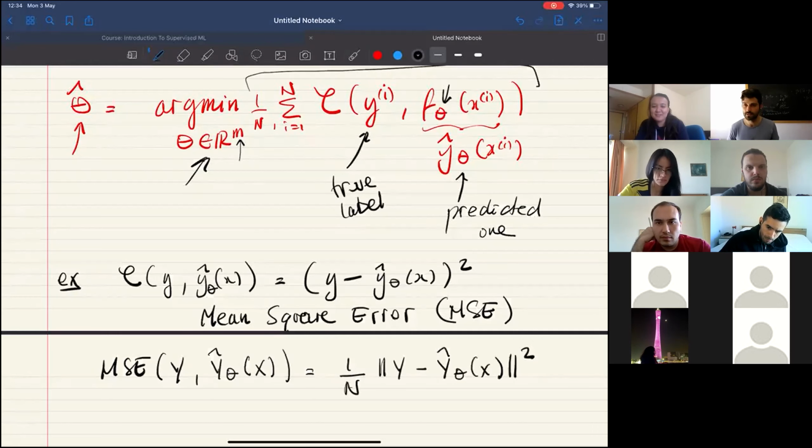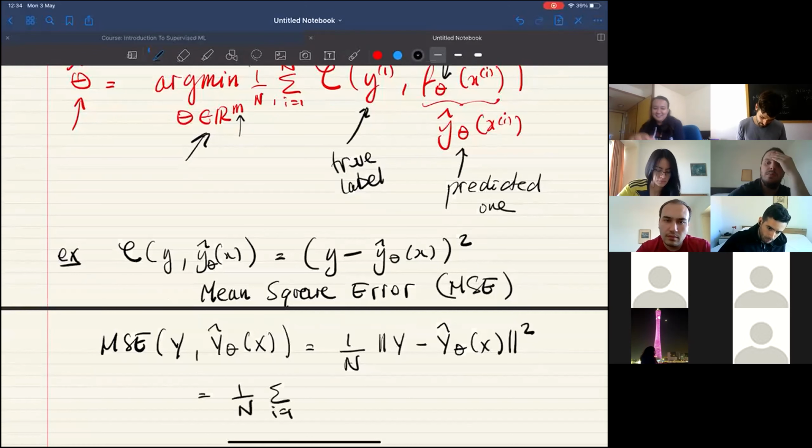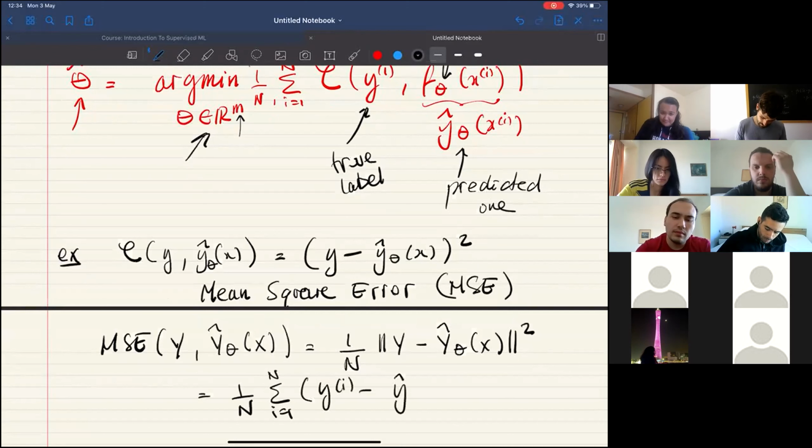This is just the MSE. Concretely, this means 1 over n, sum of i from 1 to n of (yi minus y theta of xi) squared.